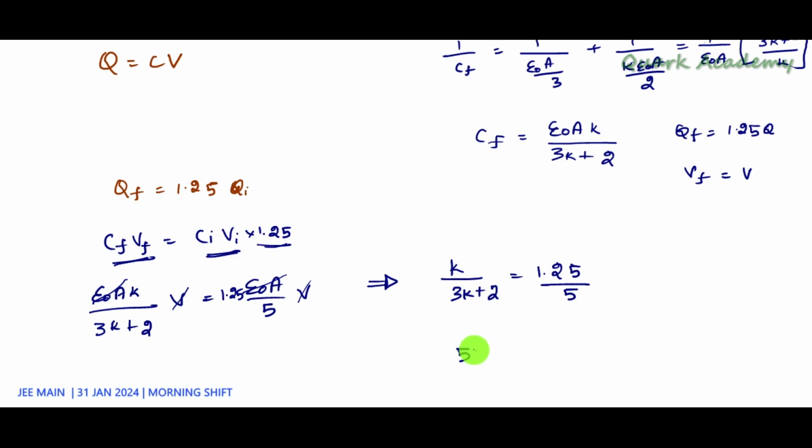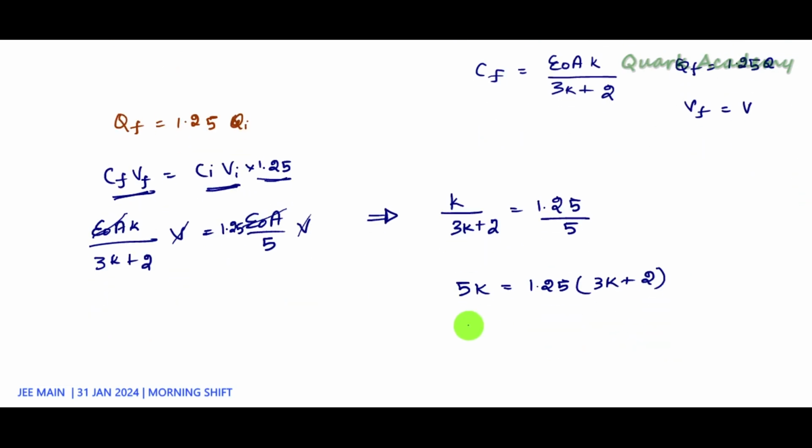Okay, now we'll do this: 5K equal to 1.25 into (3K plus 2). We rearrange, then 5K minus 3.75K equal to 2.5. 1.25K equal to 2.5.